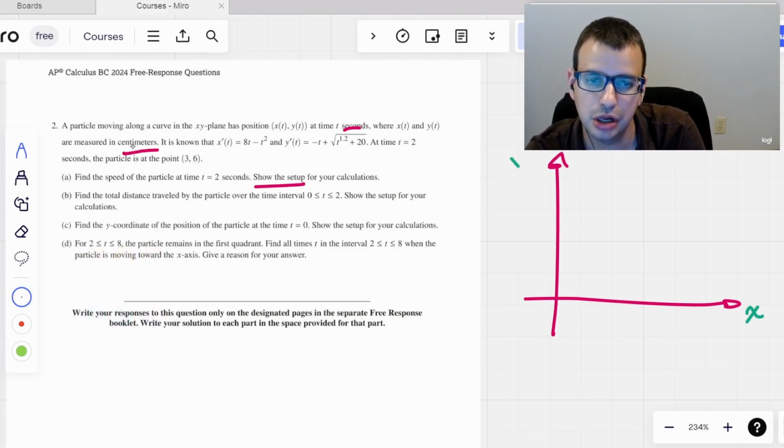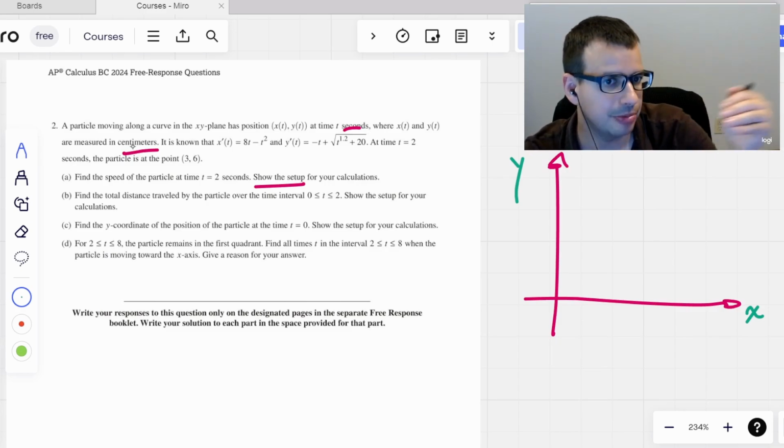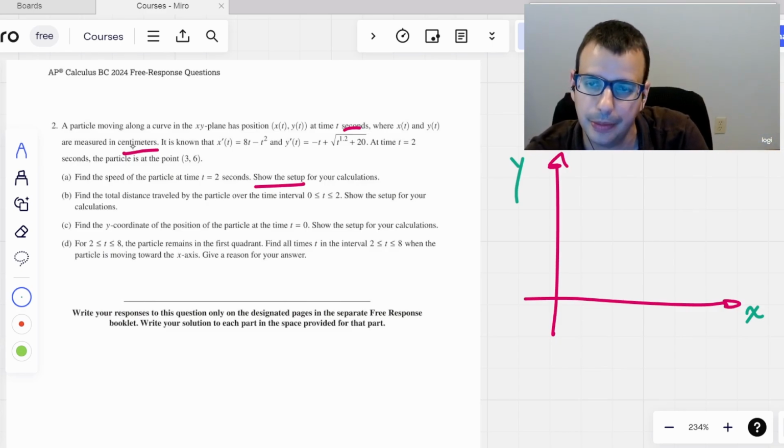X, Y, and I guess I could have a third plane here to show the t, but I'm not going to. So we want t equals 2. This will be t equals 2.